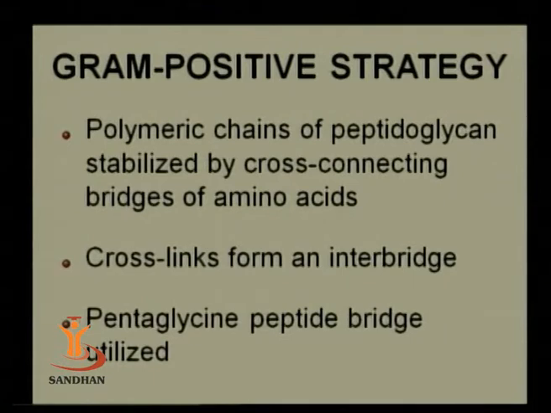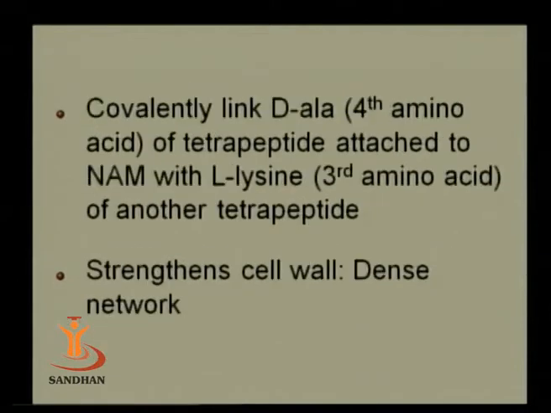The pentapeptide or tetrapeptide is a specific characteristic of the bacterial species. The covalently linked D-alanine, the fourth amino acid of a tetrapeptide attached to N-acetylmuramic acid, is linked with the L-lysine, the third amino acid of another tetrapeptide chain.